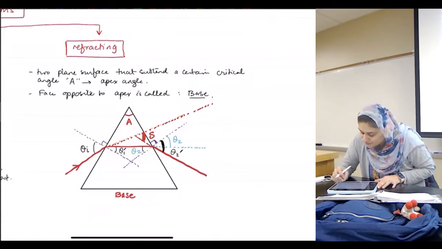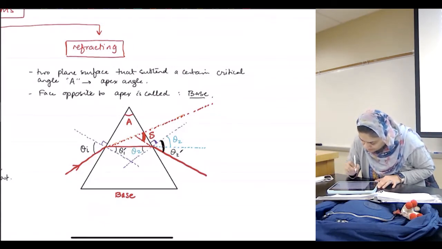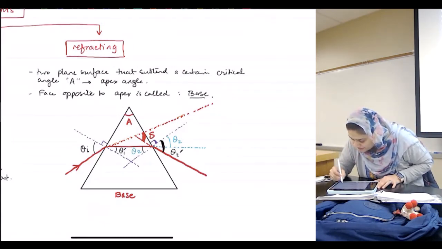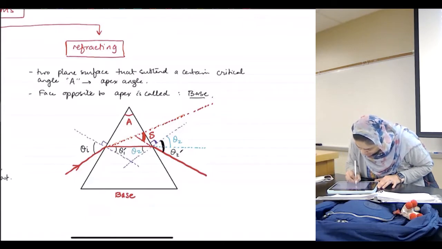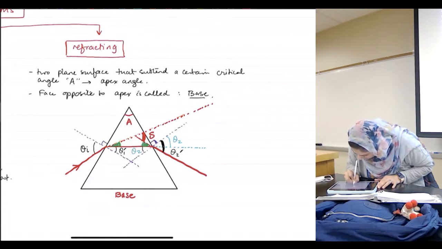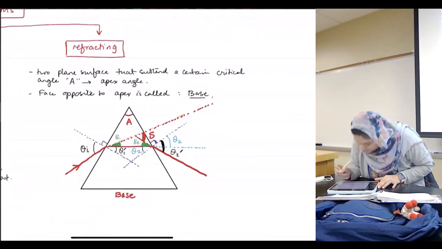And then I want you to redefine these angles. Pick a color that will be different. Green. This angle, I'm going to color it in, and that angle. I want you to call them delta 1 and delta 2.